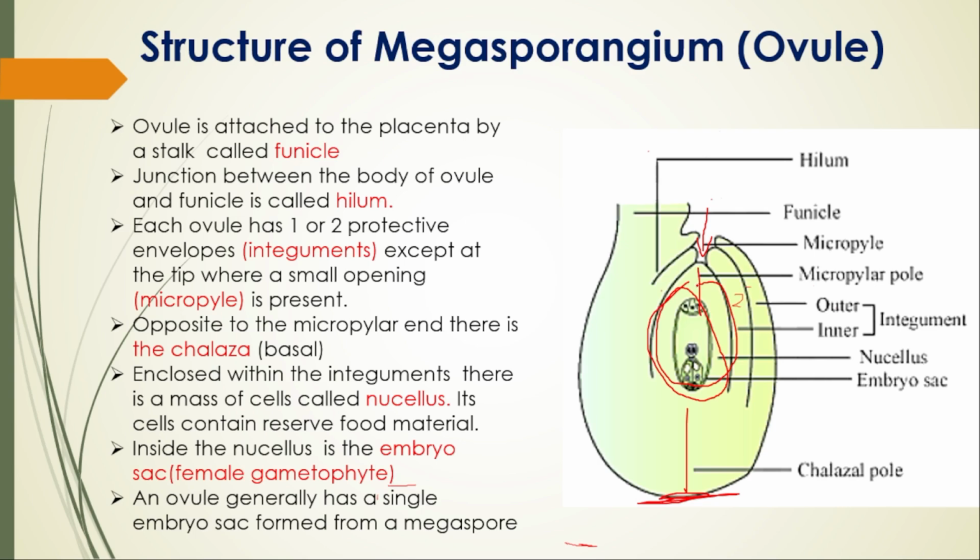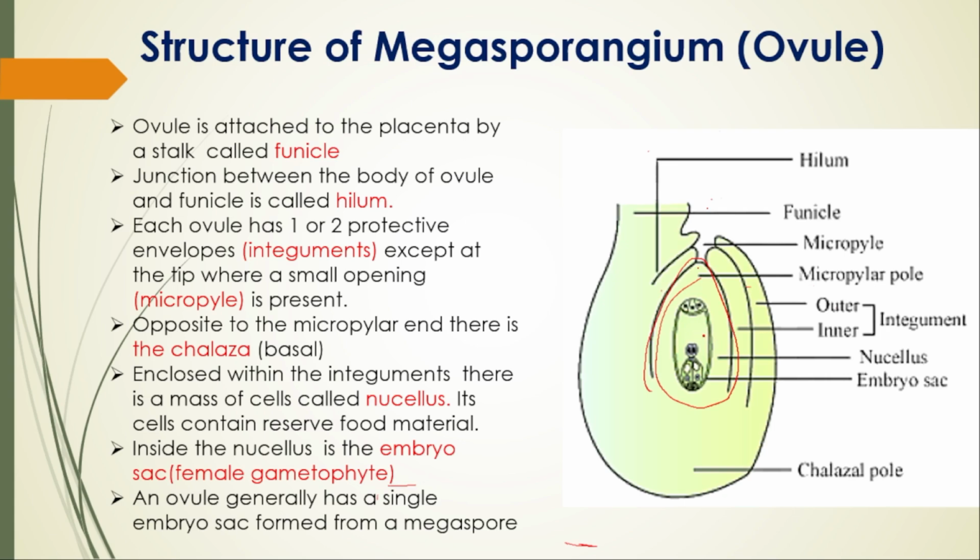Inside this nucellus there is a lot of reserve food material which provides nourishment to whom? The developing embryo sac. Inside the nucellus there is an embryo sac, which is actually the female gametophyte. This nucellus contains the reserve food material which provides nourishment to the developing embryo.